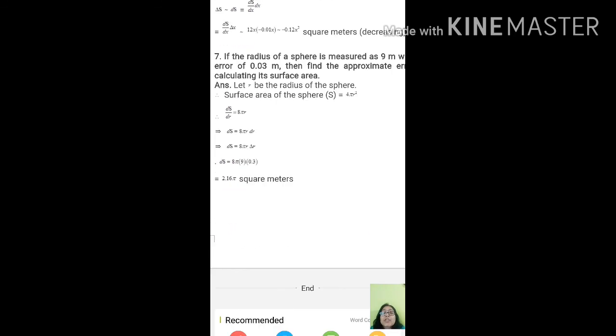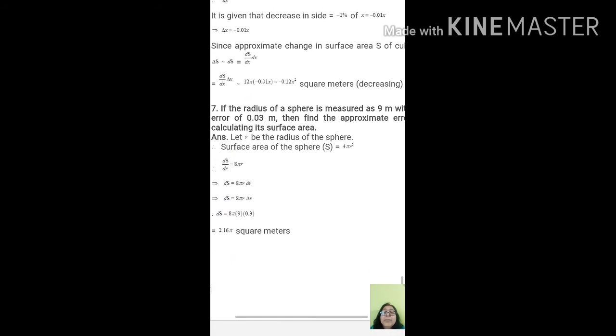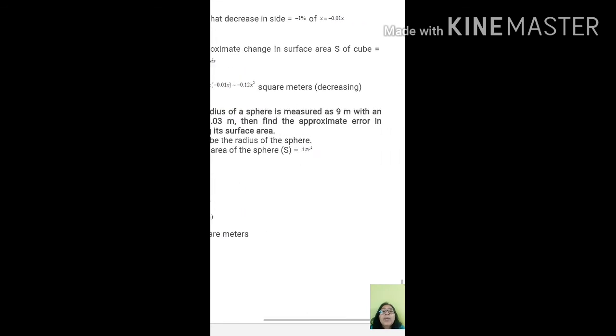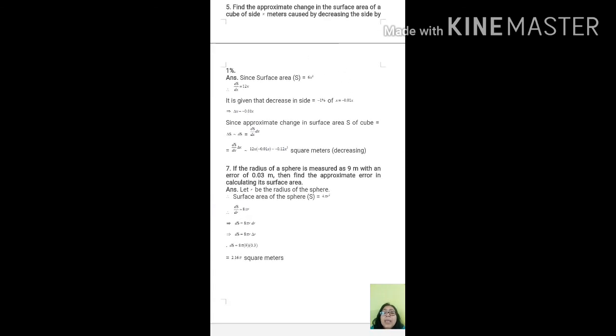And the next question is question number 7. The radius of a sphere is measured as 9 meter with an error of 0.03 meter. Then find the approximate error in calculating its surface area. Let r be the radius of the sphere here. So the surface area of the sphere is 4 pi r square.